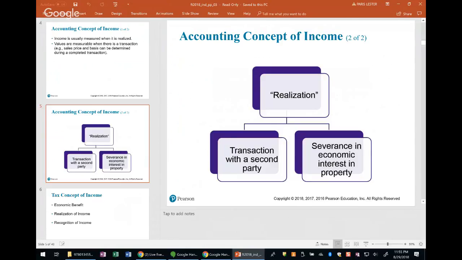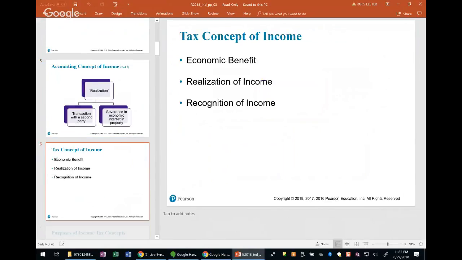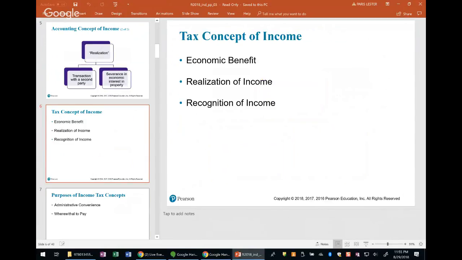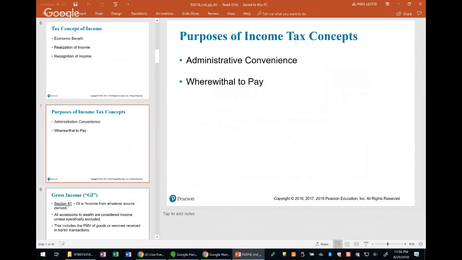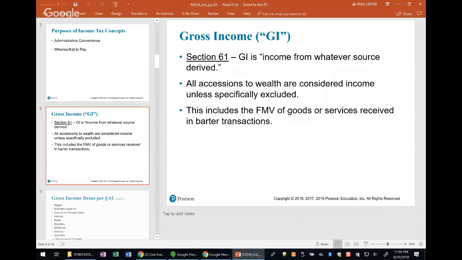If one person buys, the other one is selling, and the seller gives up his economic interest. That's simple stuff. All right. Tax concept of income. We're looking at realization and recognition. Some of these things you don't have to worry about.